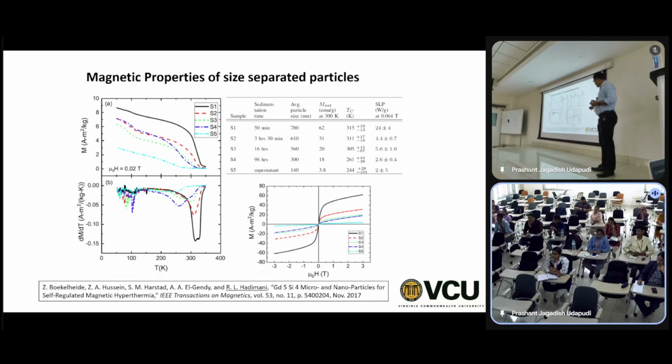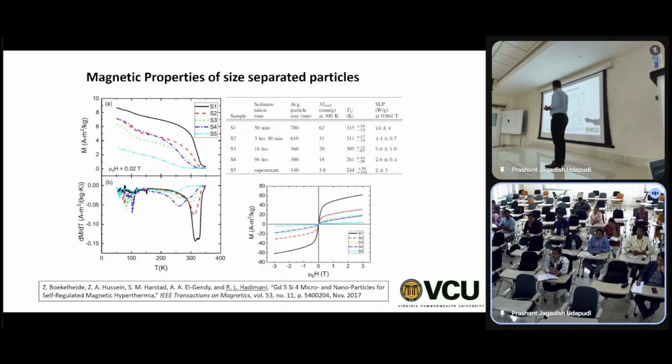When the particle sizes change, the magnetic properties also change. Here this is the hysteresis curve. Basically, we applied a high magnetic field in the positive direction and negative direction. Here we just changed the temperature and measured its magnetization.